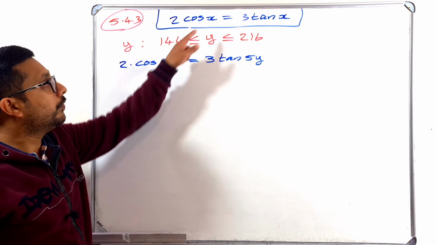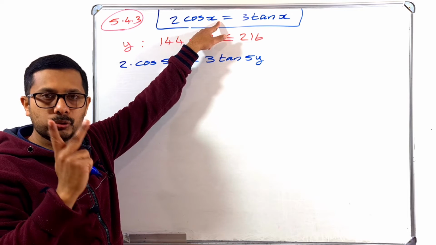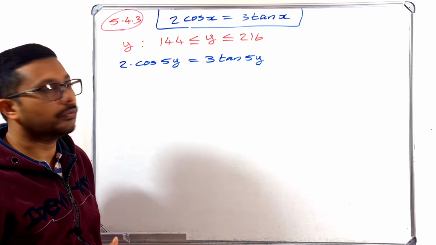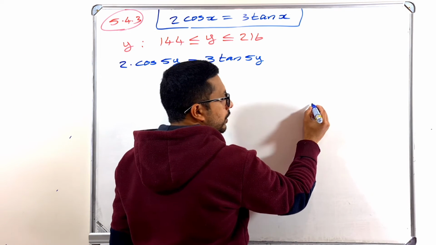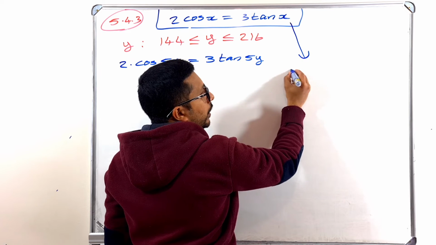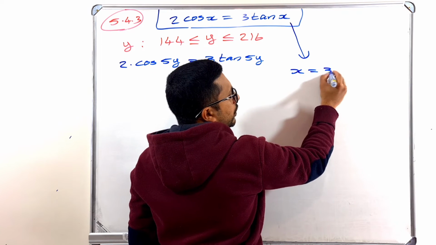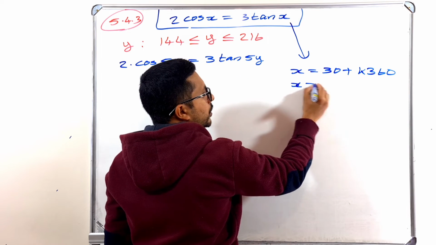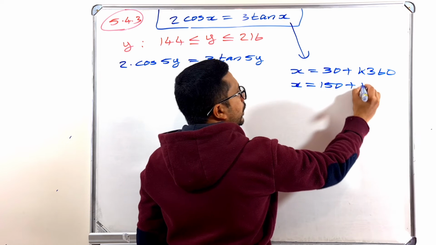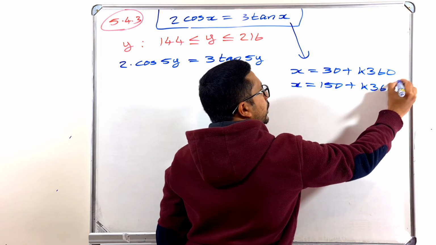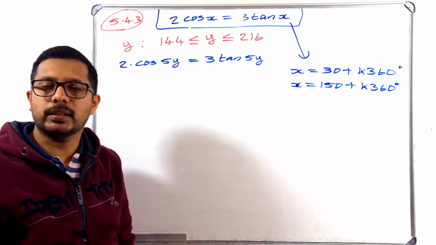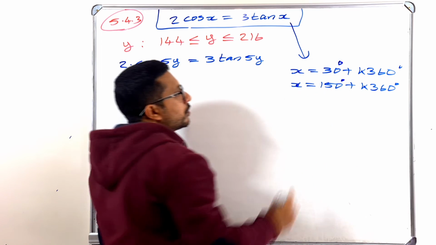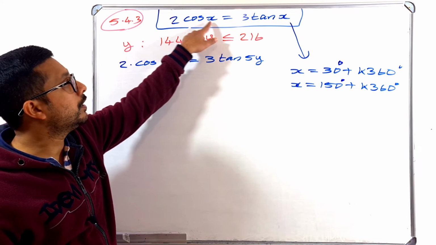Okay, so when it is like this, we wrote the general solution. 2 cos x is equal to 3 tan x. We got two solutions. In the previous question, what was our general solution for this equation? x is equal to 30 plus k 360, and the second general solution was 150 plus k 360. That general solution is for when it is x.